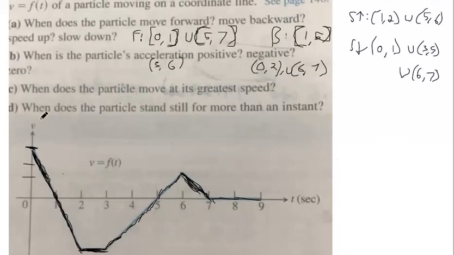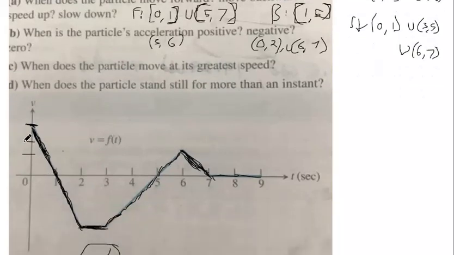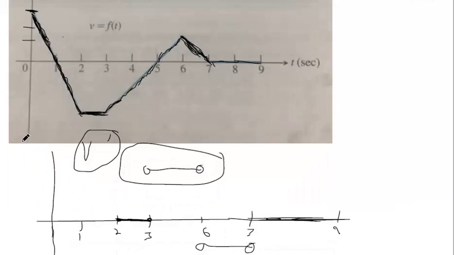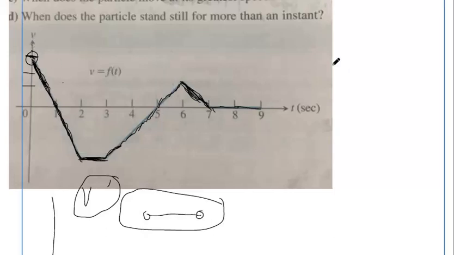When does a particle move at its greatest speed? Let's see if we can figure that out from what we have. I don't know, do we really not have the y-axis? So the greatest speed, because I'm wondering about how fast it was going right here. The speed is just the absolute value of the velocity.